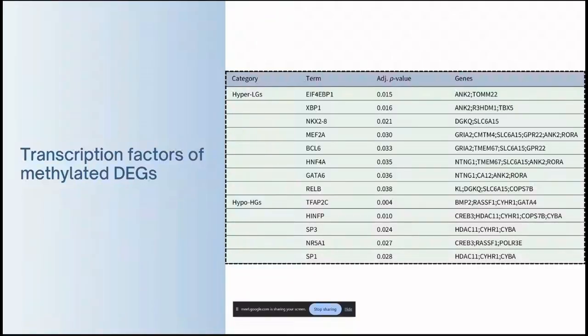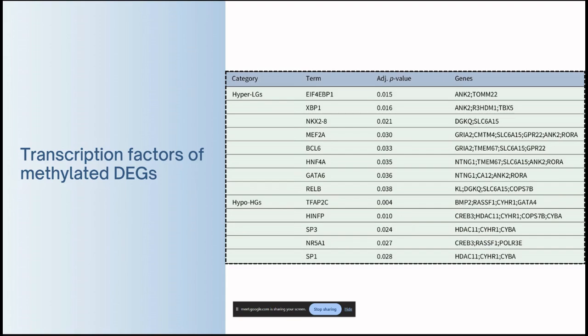They are likely influencing these methylated differentially expressed genes linked to hypermethylated low expression genes such as ELF4, EBP1, XBP1. As mentioned, you can see this. The transcription factors associated with hyper-LGs, hypermethylated low expressed genes.